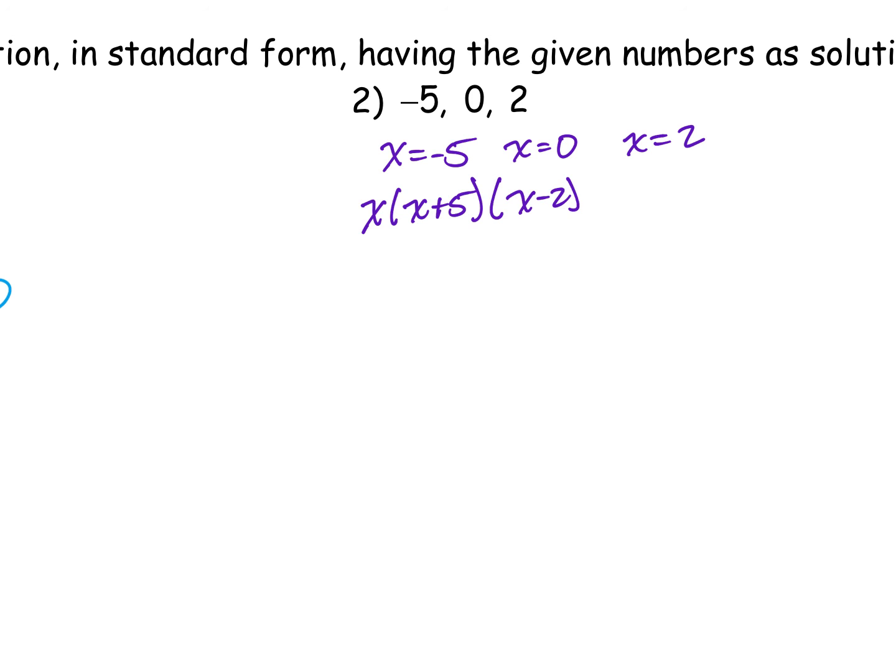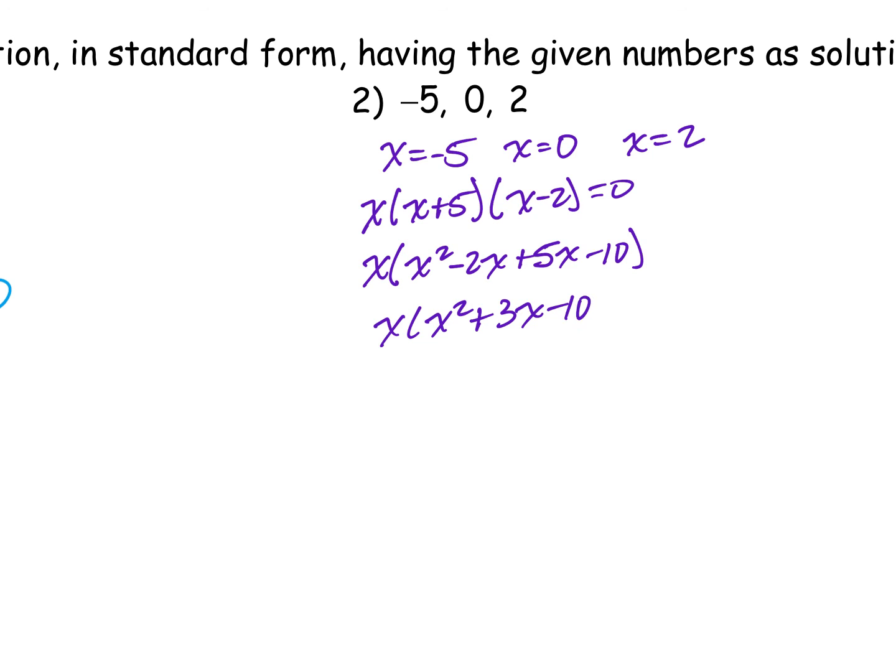So I just have x times x plus 5 and x times x minus 2 equals 0. And then I distribute through. So I left this x here, and I distributed this part through, and I got x squared minus 2x plus 5x minus 10. So x times x squared plus 3x minus 10 gives me x cubed plus 3x squared minus 10x.